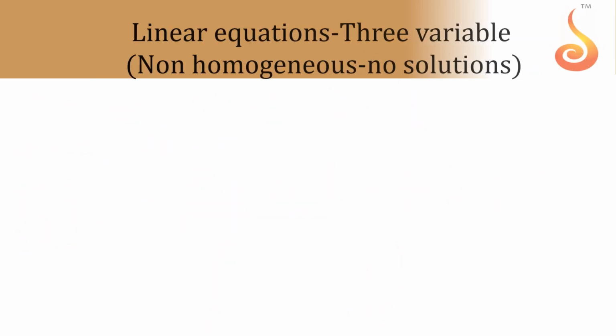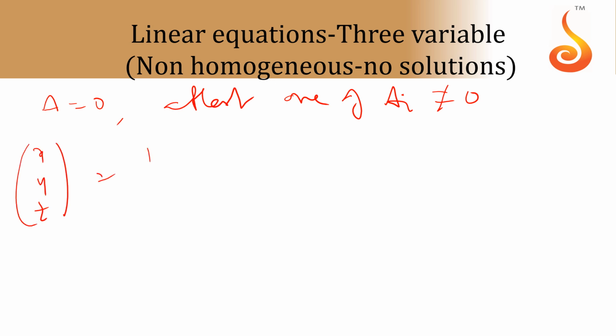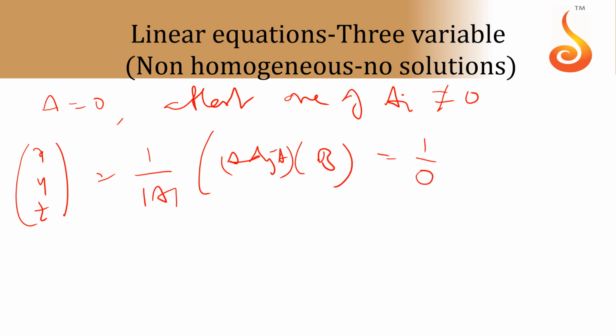Next we will discuss no solution. What happens when there is no solution? Delta will be 0, and at least one of the delta i will not be 0. By the matrix inversion method, x, y, z equals 1 by delta into adjoint A into B. Here it is 1 by 0, but it is not a null matrix inside.